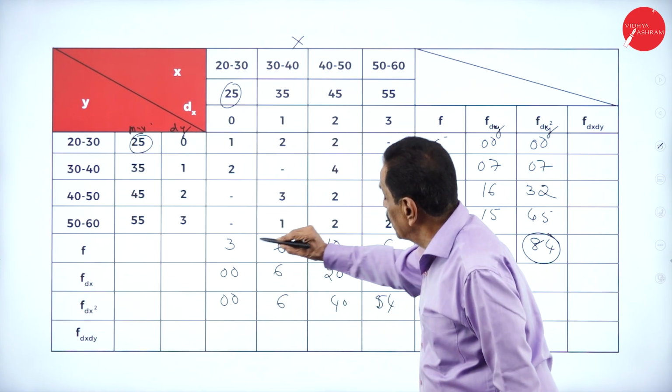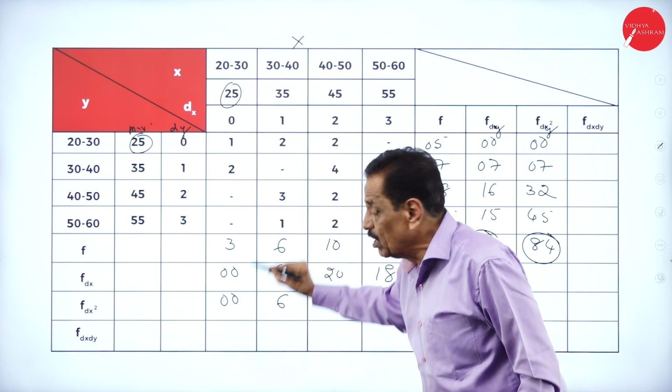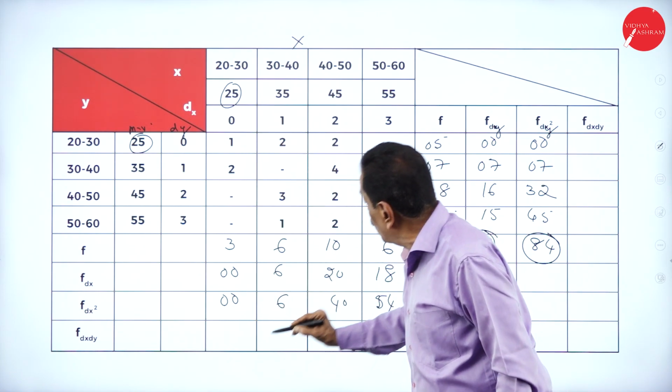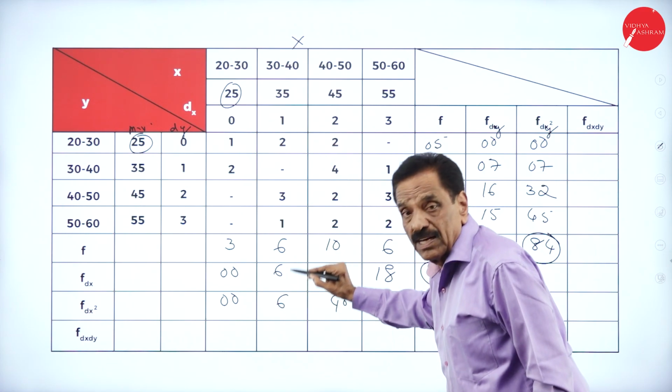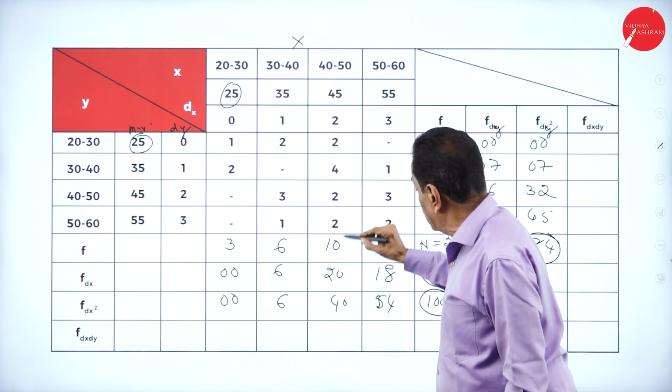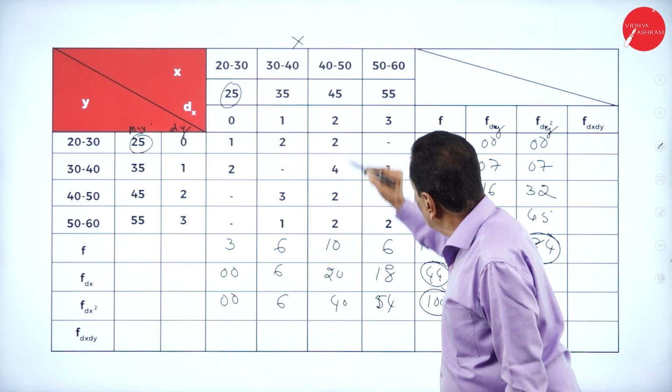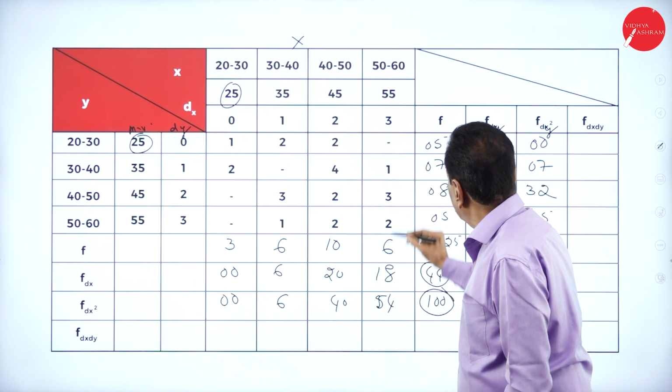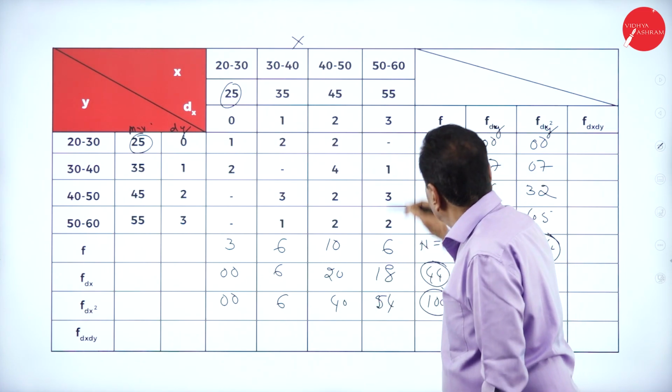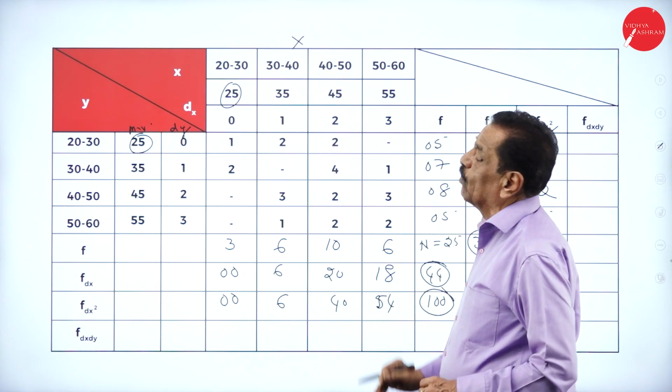Here also same: 3 into 0 is 0, 0 into 0 is 0, 6 ones are 6, 6 ones are 6, 10 into 2 is 20, 20 into 2 is 40, 6 into 3 is 18, 18 into 3 is 54.